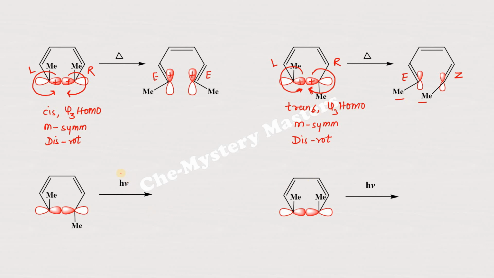Now talking about hν conditions, as you can see trans geometry is present. Here in hν condition Psi4 star is our HOMO, C2 symmetry is always present, and the rotation is conrotatory. It means the two orbitals will be moving in the same direction, and in the product also C2 symmetry will be there.